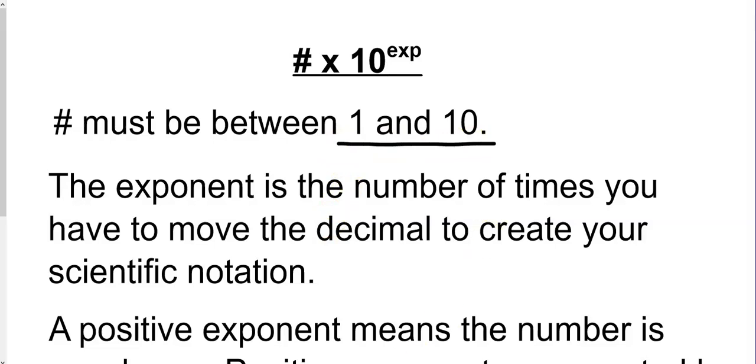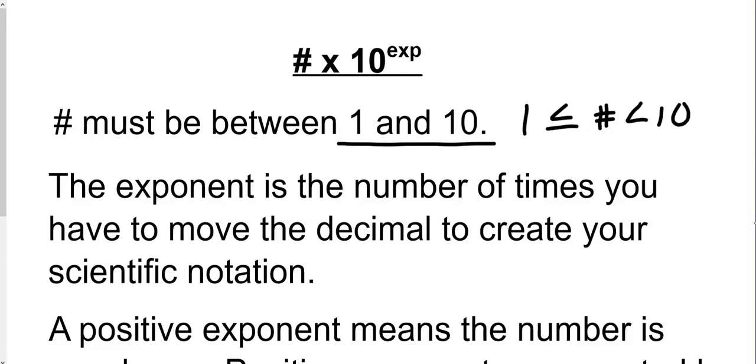In fact, to be more specific, your number can be equal to 1, but you have to be less than 10. So you can't actually equal the number 10. You'll understand what I mean here in a moment when we start talking about how we convert into scientific notation. But this is really what I mean by between 1 and 10.